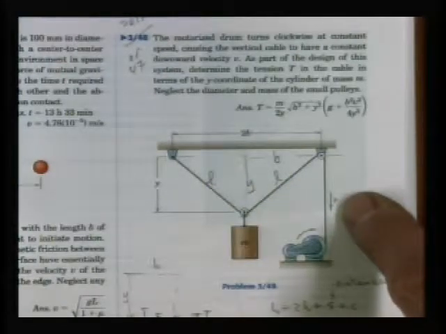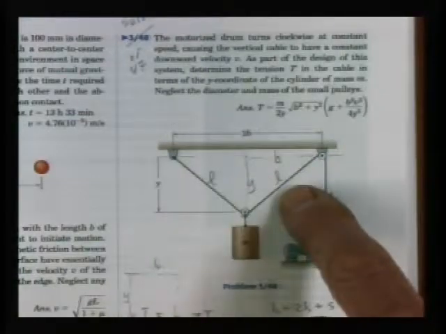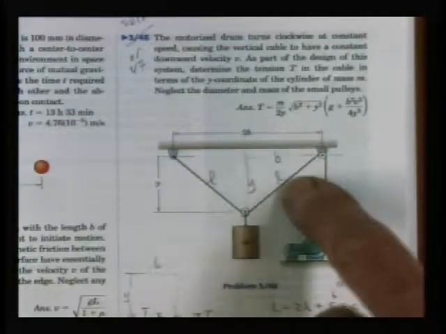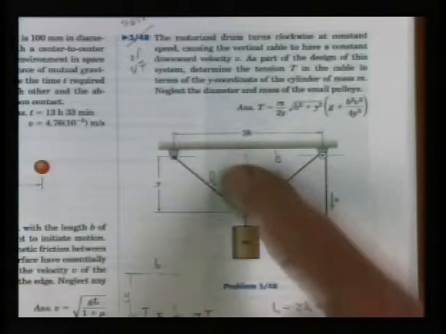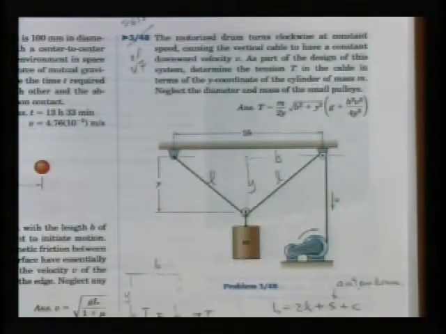This y position is defined related to v. We have a relationship between L dot and V. Yeah, this has a Pythagorean relationship, don't we? So we can take that Pythagorean relationship.